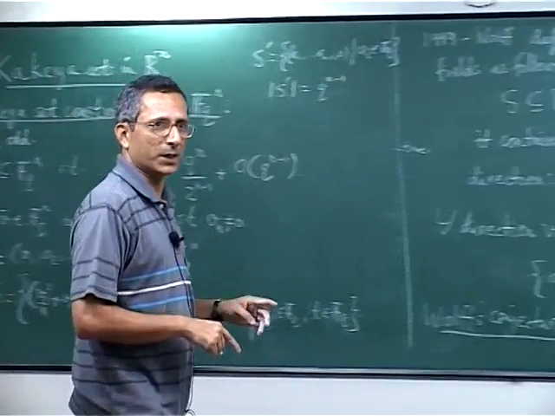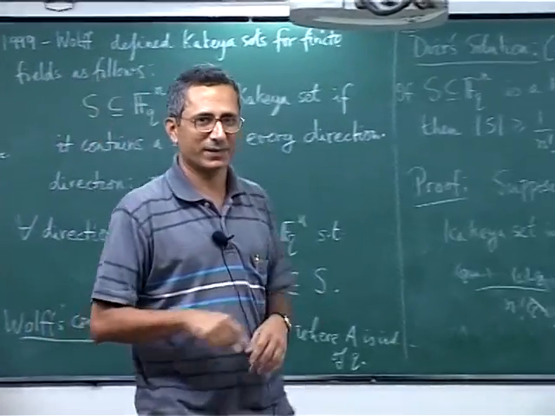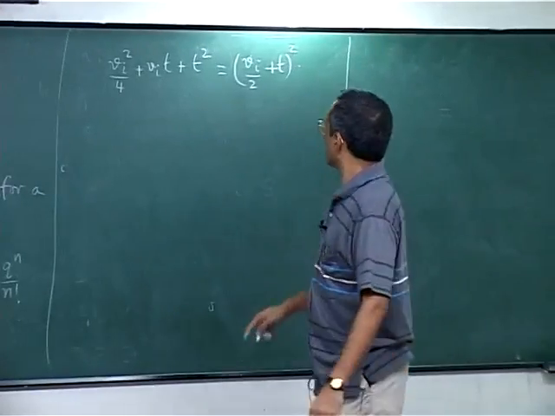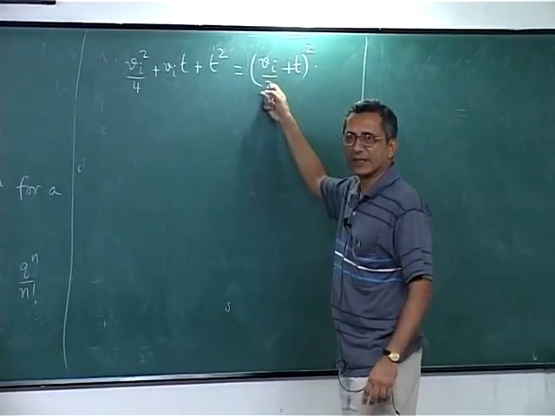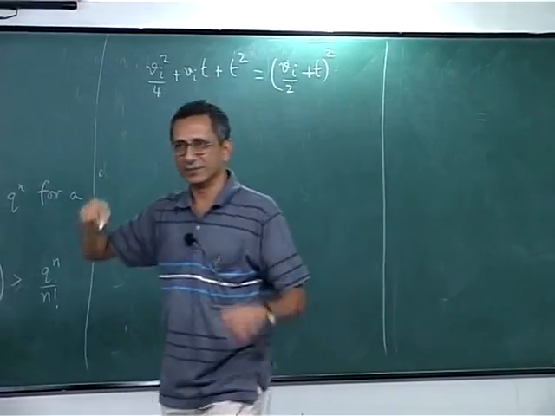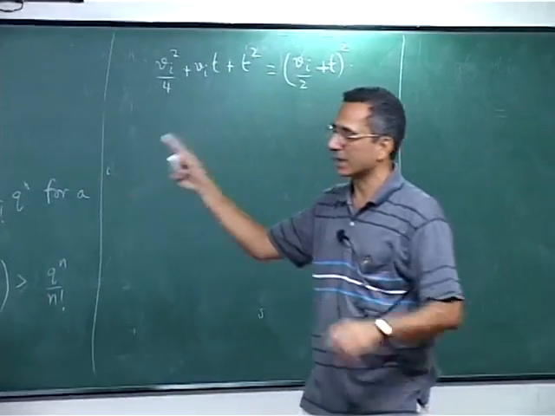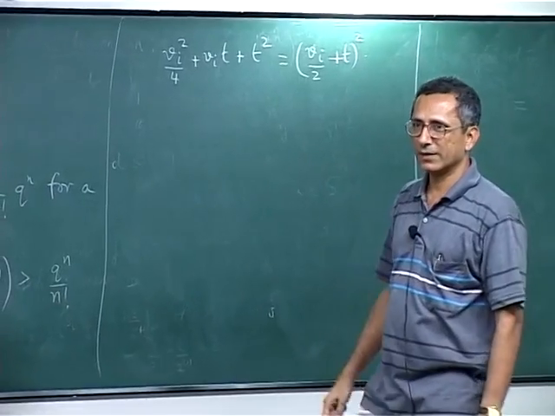So, 4 is an invertible element, therefore 1 by 4 makes sense. And similarly 1 by 2 also makes sense because q is odd. And that is why this construction works only when q is odd.